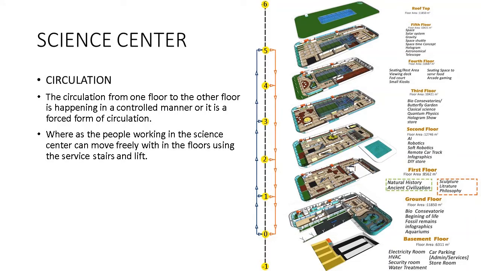So here we can see the visitors going upwards, and also while coming down they have to pass through the first floor. So on the first floor, the circulation movement of the visitors is divided in 2 areas. This will be shown in the next slide.